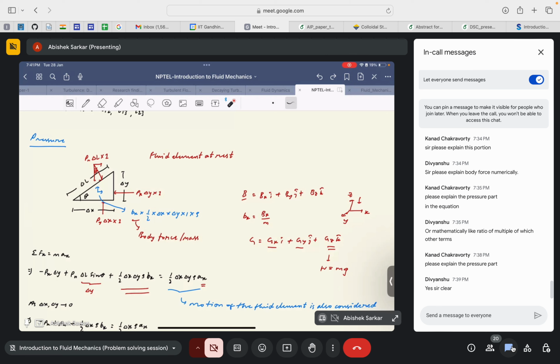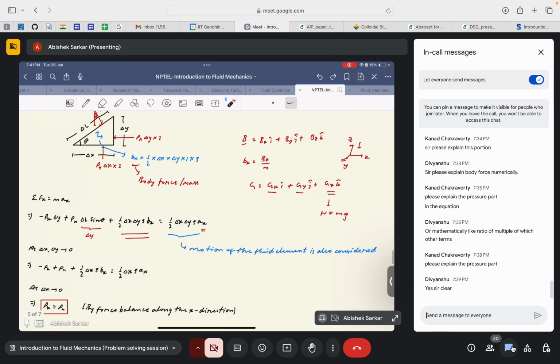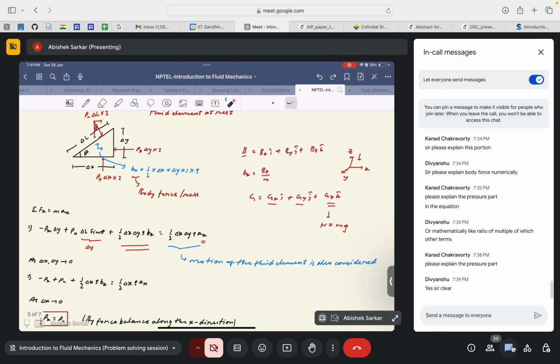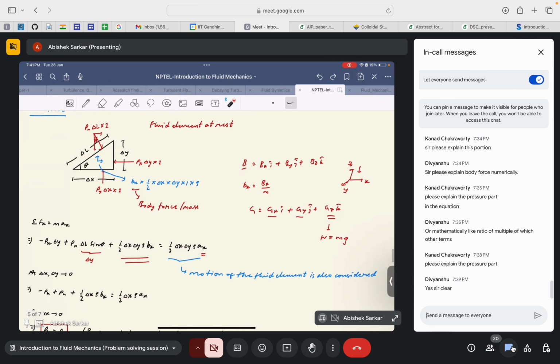Considering that we are just doing a simple force balance, that is, summation of fx is equal to max. You may ask that if the fluid is in motion, as Professor Chakraborty had mentioned, there would be deformation in the fluid because of shear forces, so there have to be contributions on the surface of the fluid from the shear stresses.